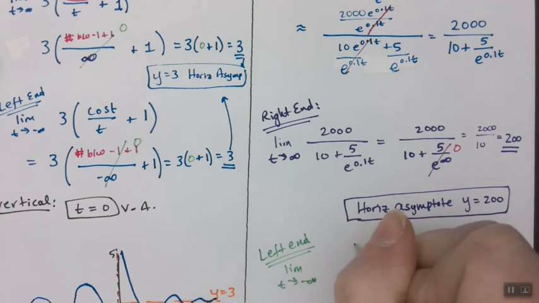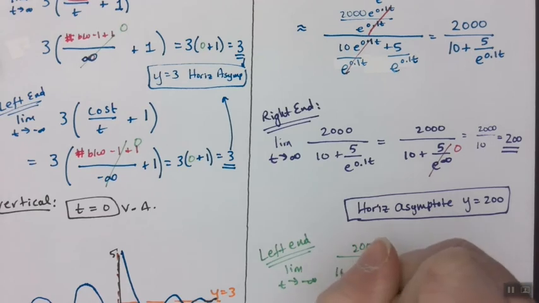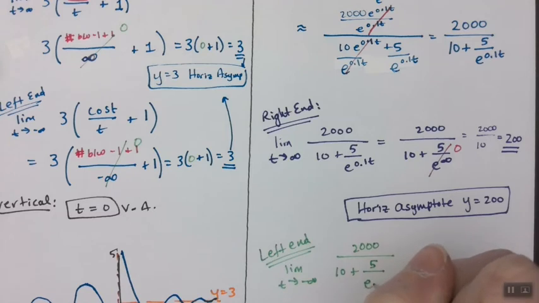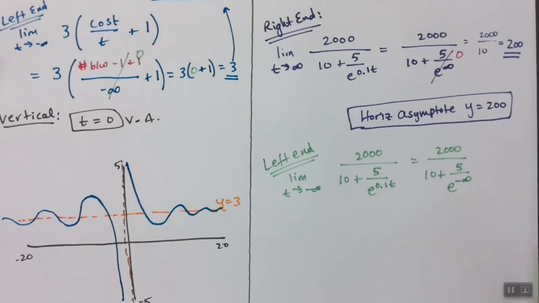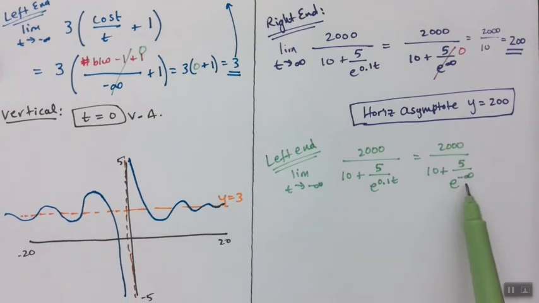Okay, now this isn't going to be as straightforward as you might think. So this is 2000 over 10 plus 5 over e to the 0.1t. Okay, so that's 2000 over 10 plus 5 over e to the negative infinity. But a negative power causes the fraction to reciprocate, right?